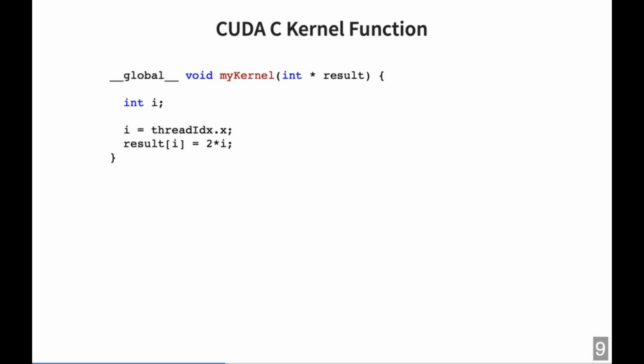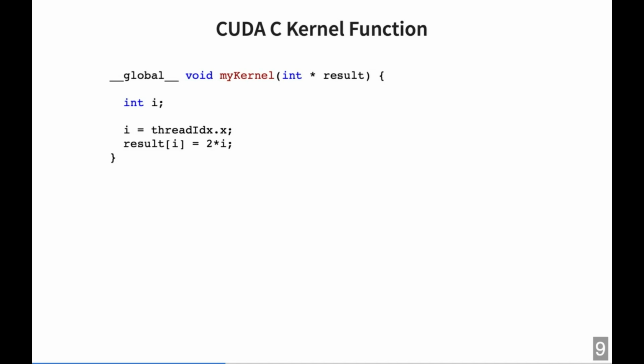And CUDA knows that this is a kernel which we target for execution on the GPU by introducing this __global__ attribute, which is put before the standard C function declaration.